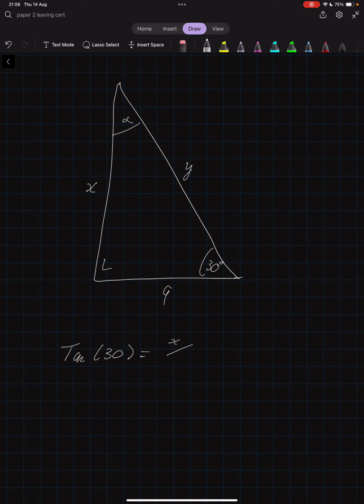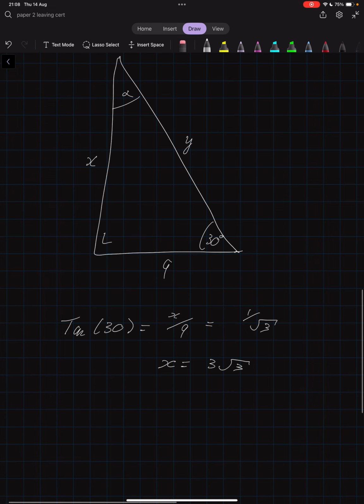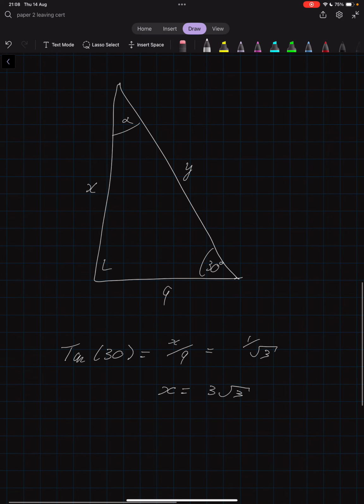The hypotenuse is Y, so it's the adjacent side I want, which is 9. The tan of 30 is 1 over root 3. So this gives me that X is going to be 3 root 3. Great, so that's using one of the tans.